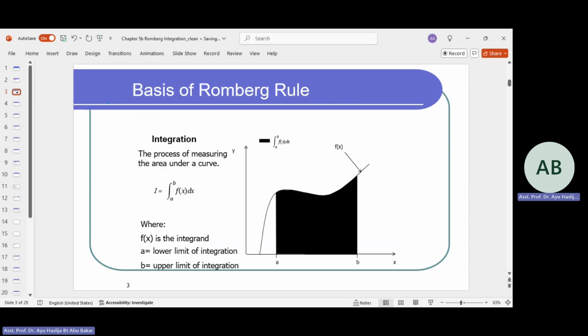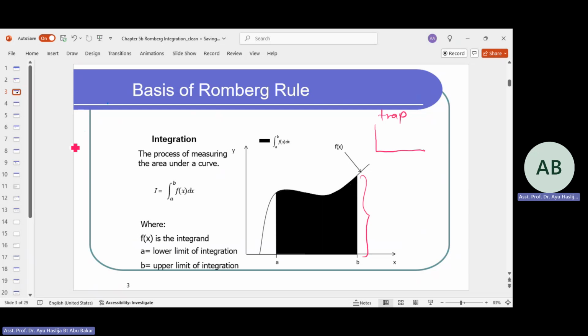Now, the difference is, as we know, integration is to find the area under the curve. Last time we had done trapezoid.